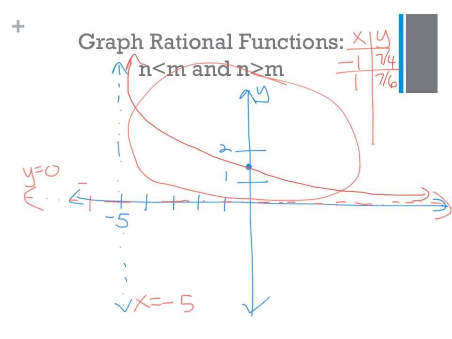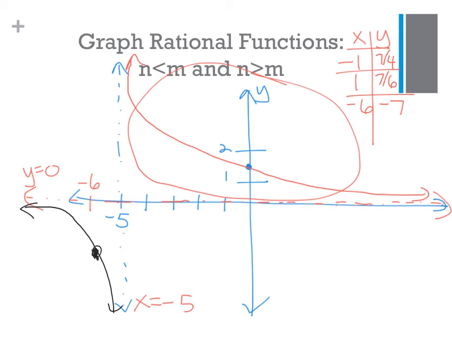And if I plugged in negative 6 for x and found my y value, I would get negative 7. So the graph is going to look something like this, because at negative 6 we'd be way down here at negative 7.